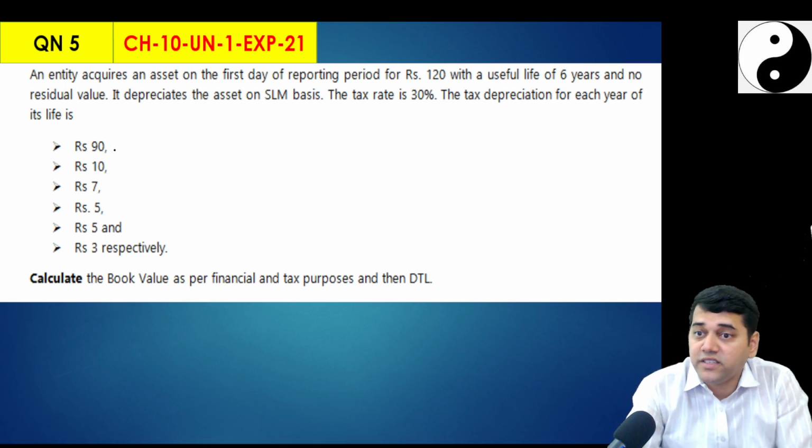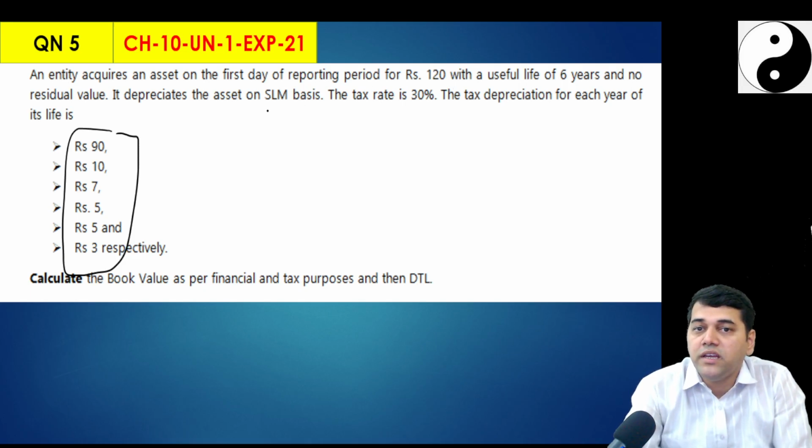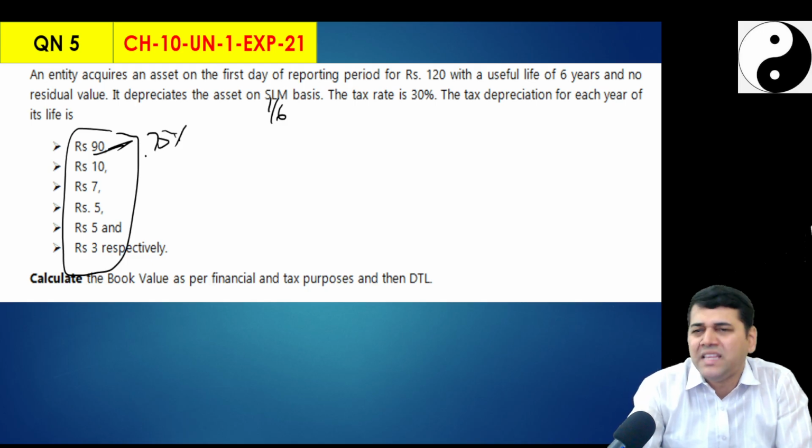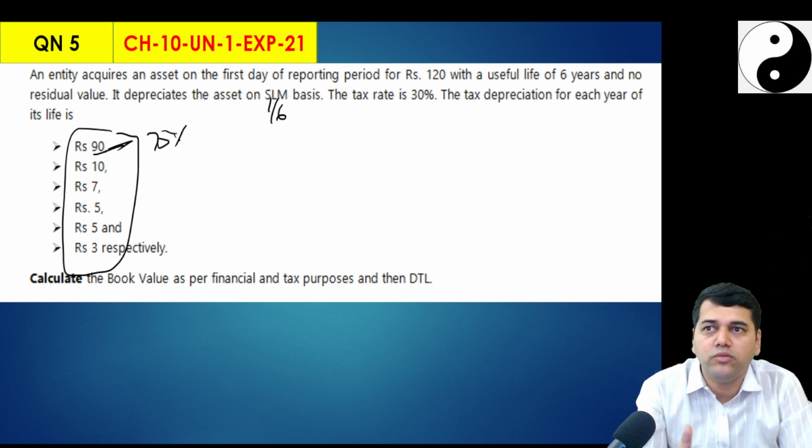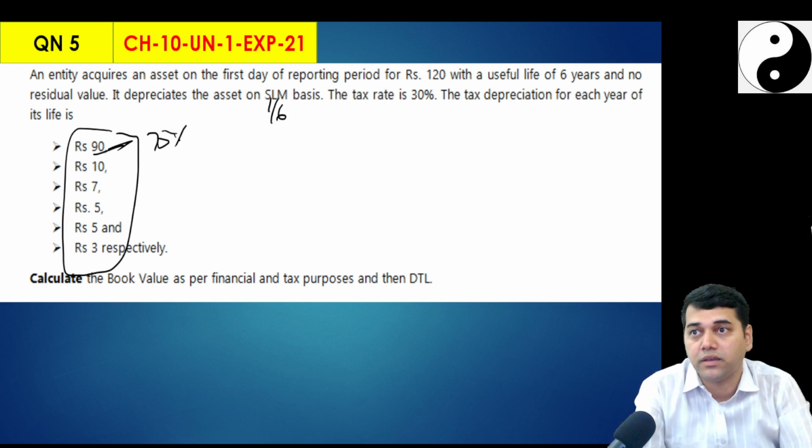This is 6 years in income tax, where in the first year I claimed only 1 by 6. But here for tax I claimed 75%. Leave aside the basis of 10, 7, 5 and all. Right now, don't think what income tax is telling me. Look into what they have told you in the question.